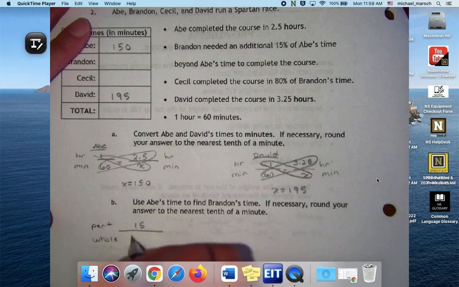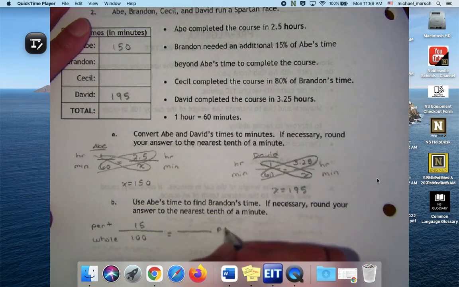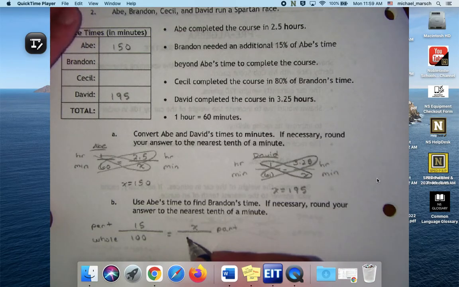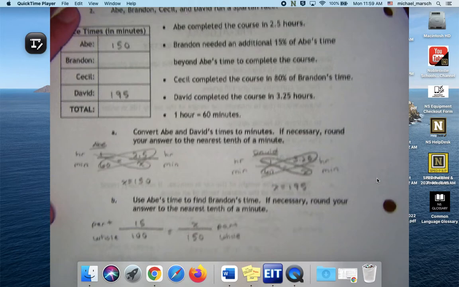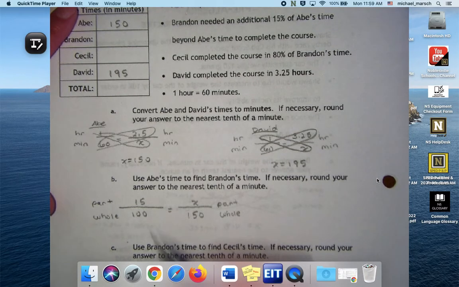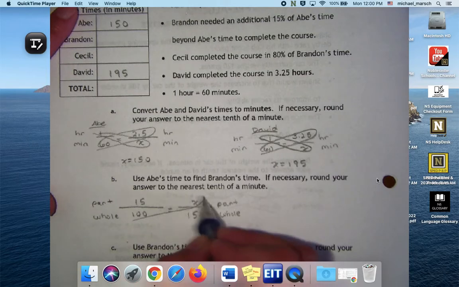So we have 15% equals, we don't know what it is, but it's out of 150. We're trying to find what is 15%. So what is the part out of the whole? So I do some cross multiplying.